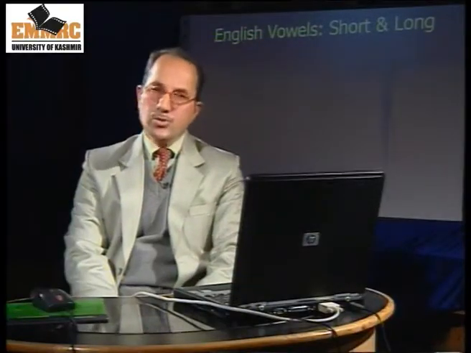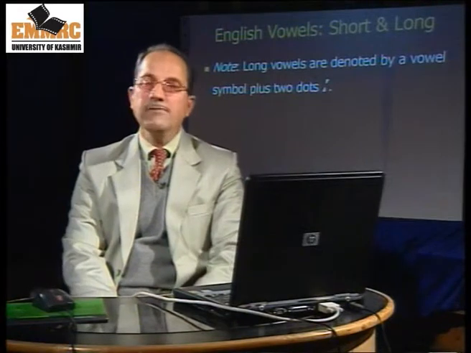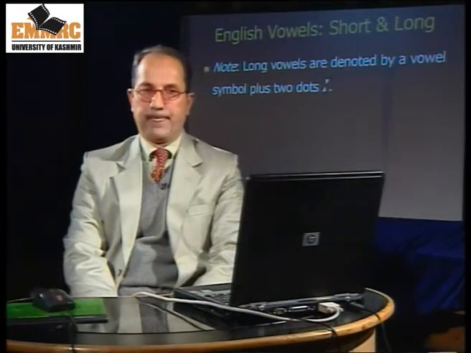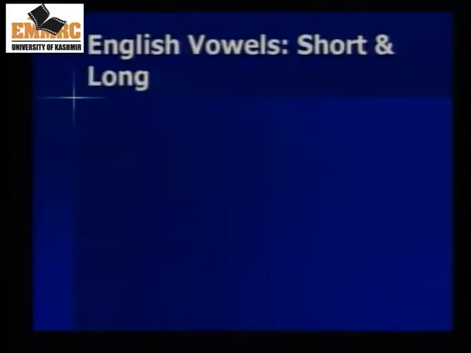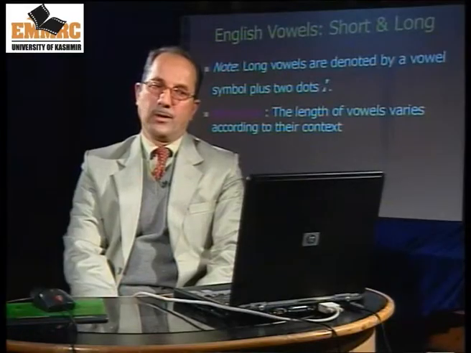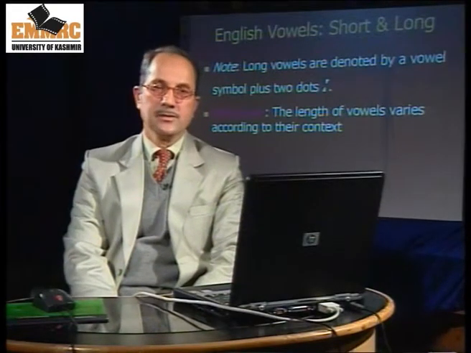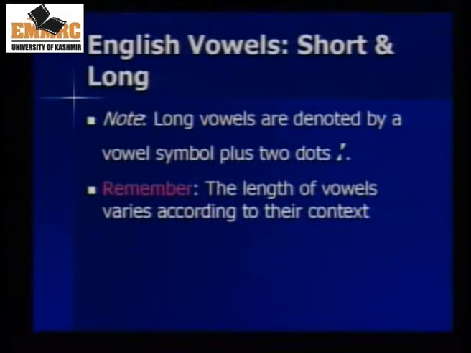English has two types of vowels, short and long. Long vowels are denoted by a vowel symbol plus two dots on its right. Remember, the length of vowels varies according to their context.